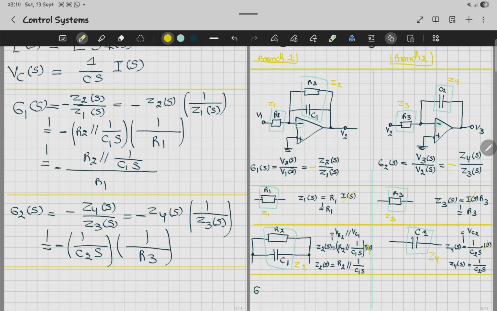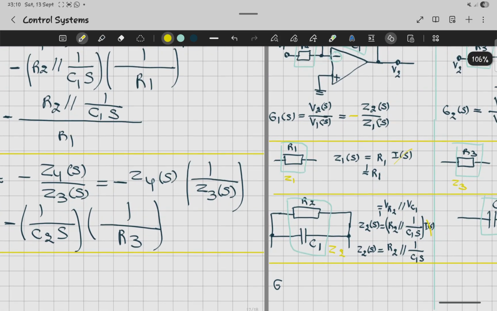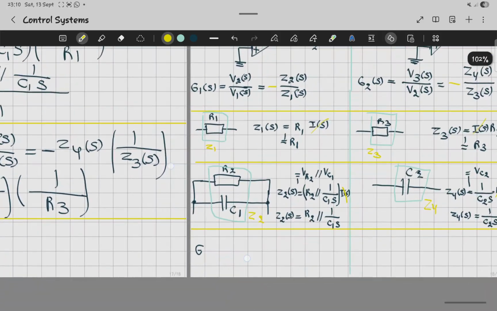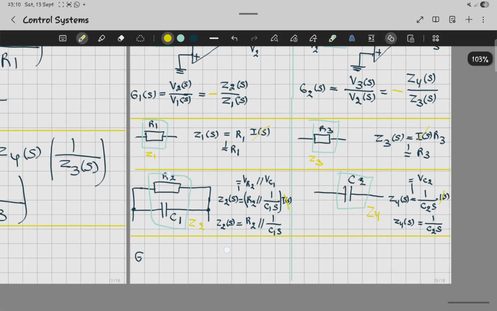Once you're done with that, you can also swap around so you can solve for V3 over V1, so then you can get the answer for V2 over V1. The way to do that is you need to remember what we've mentioned here. So let me just take those formulas.